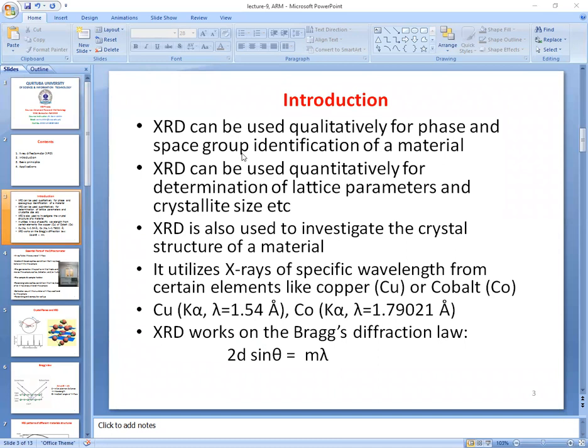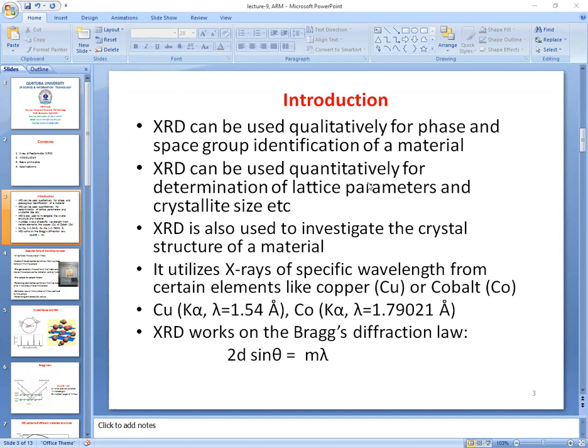XRD can be used qualitatively for phase and space group identification of a material. So here we have stated that qualitatively, for space group identification and for phase identification of different materials.